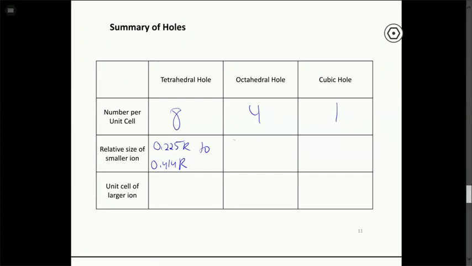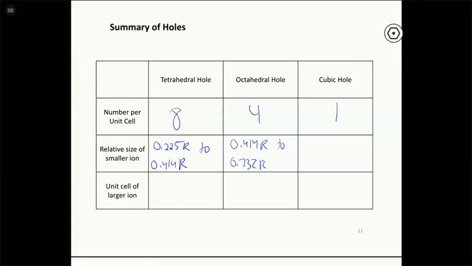So if the smaller ion is even larger, if it's 0.414 up to 0.732, all right, so again, those numbers that we derived are the limiting numbers, the lower end limit. And so if the ion is between 0.414 and 0.732 times the larger radius, it's going to go into an octahedral hole.